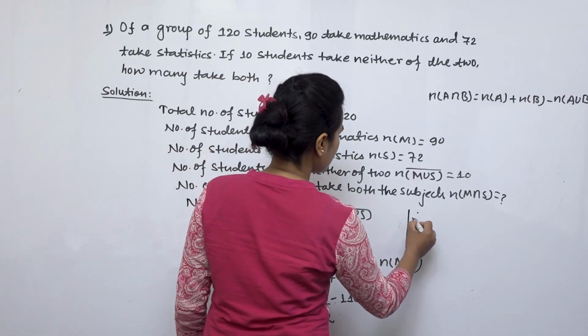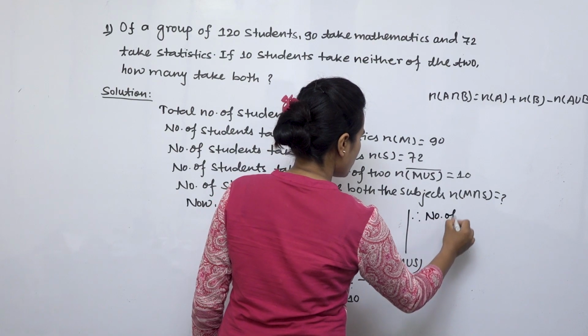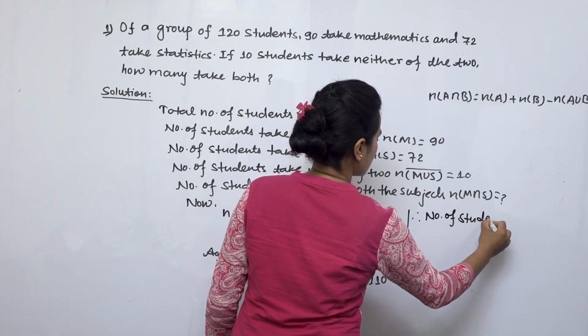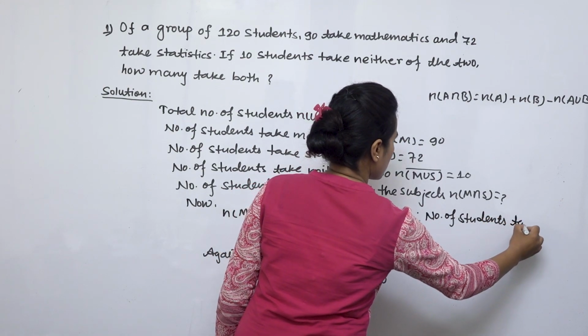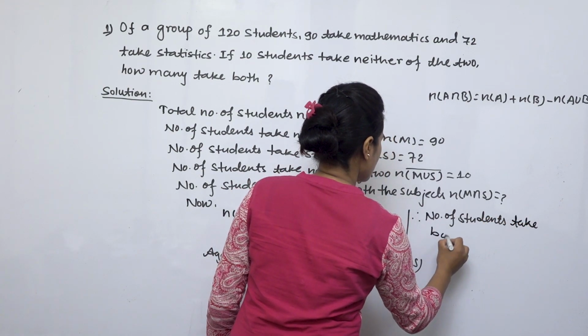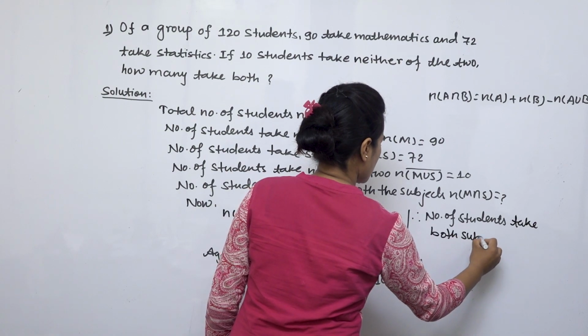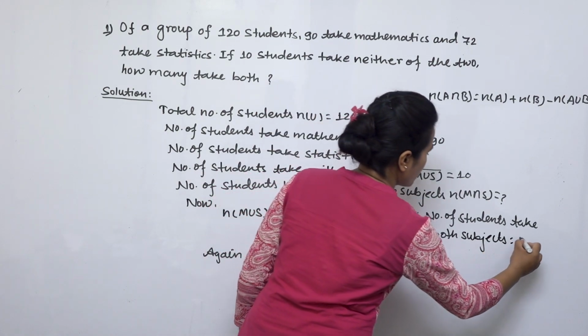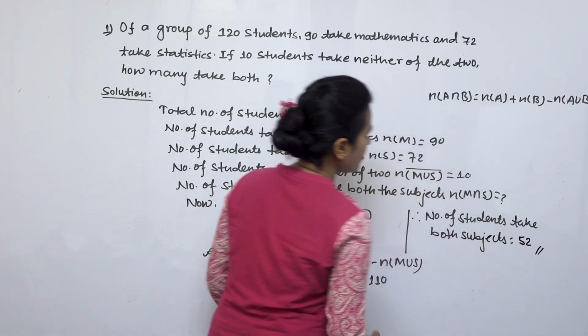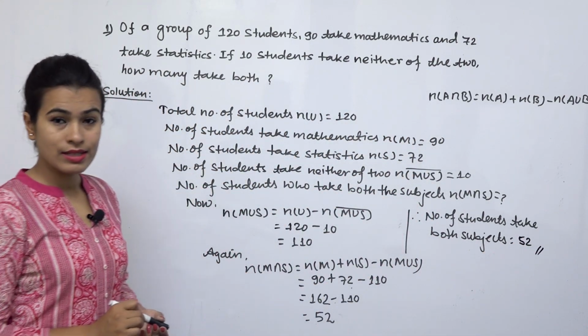Now, therefore, the number of students who take both subjects we found is 52. Therefore, 52 of them take both the subjects.